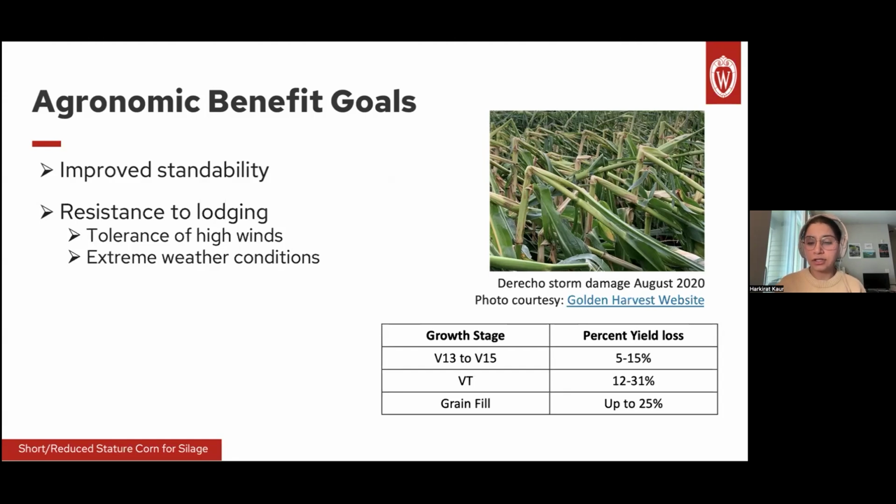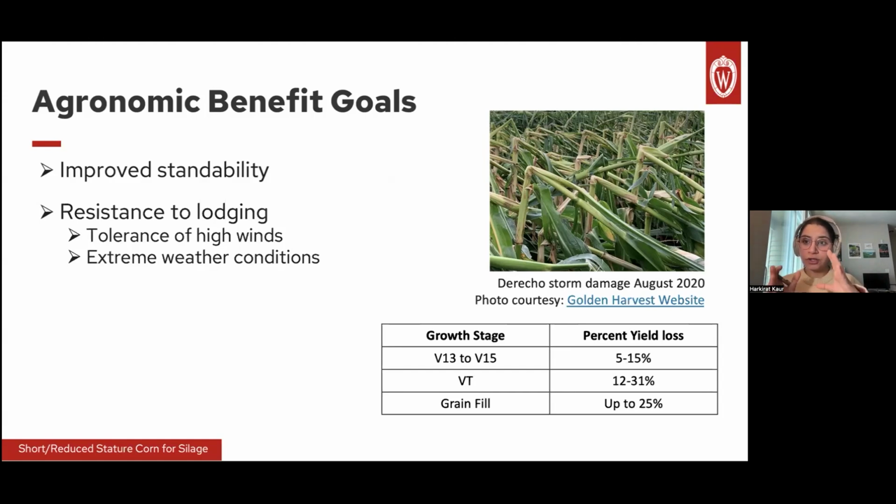For example, during vegetative stages V13 to V15, the losses are somewhere between 15 to 30%. For plants that lodge around pollination, the losses can go as high as 50%. And in grain fill, they can be capped somewhere at 25%.